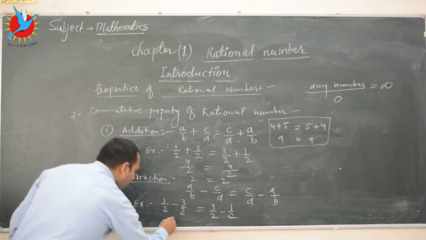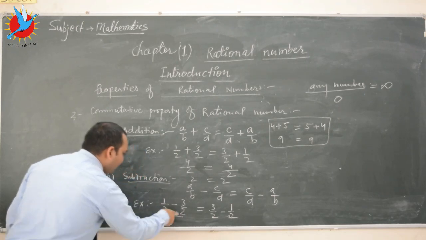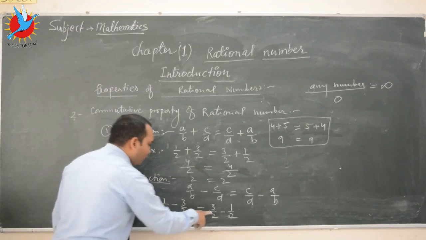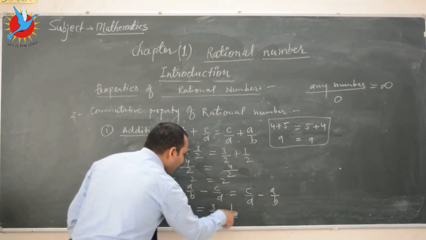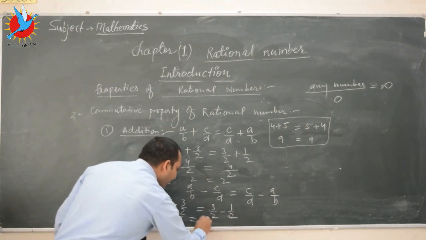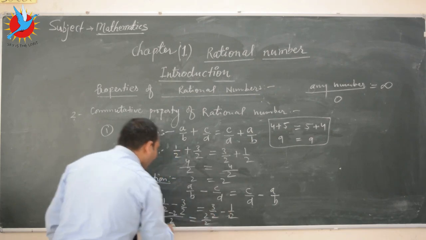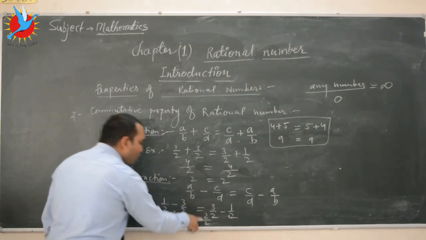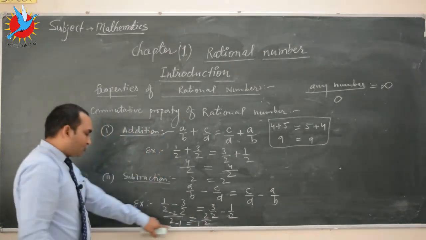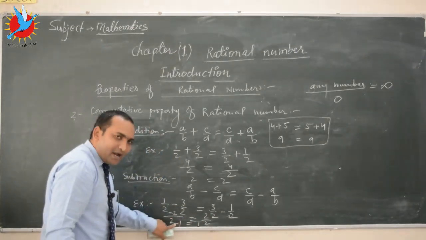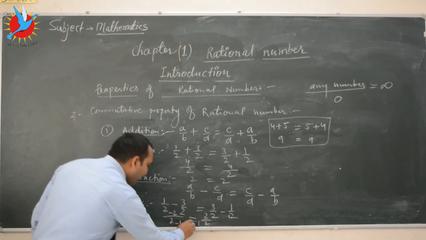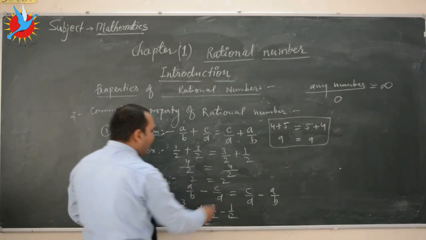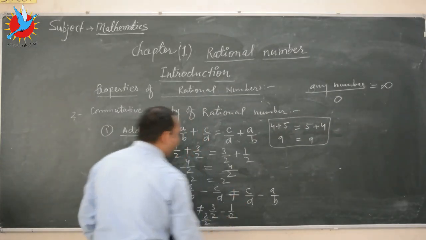Common denominator is 2, and 1 minus 3 is minus 2, which is equal to 3 upon 2 minus 1 upon 2. Common denominator 2, 3 minus 1 is 2. So minus 2 upon 2, that is minus 1, is not equal to 2 upon 2, that is plus 1. It can never be equal, minus 1 and plus 1. So we write not equal here. So subtraction does not satisfy the commutative property.